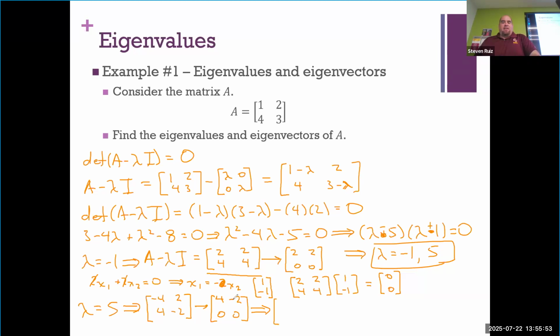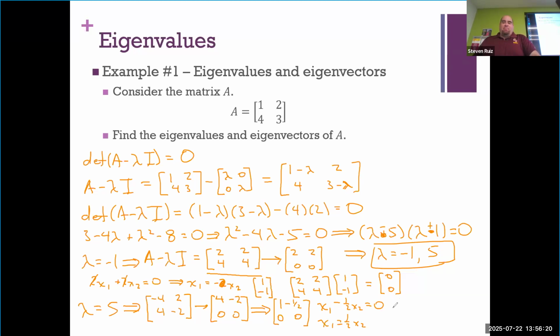Okay, so you basically divided the top row by 4? 1, negative 1/2, 0, 0. Okay, good. I agree. And then? So x1 minus a half x2 equals 0, or x1 equals a half of x2.